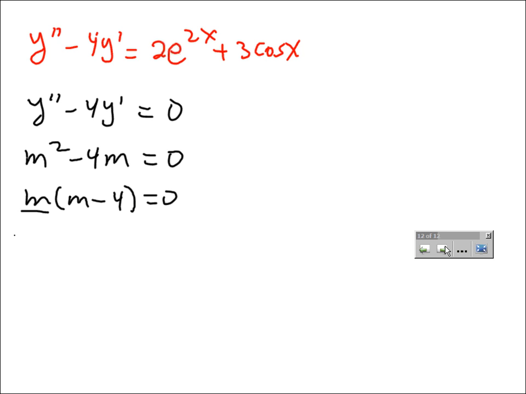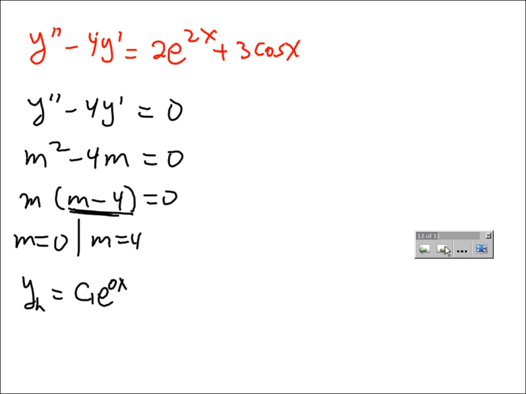So either that factor is 0 or that factor is 0. This factor is 0 when m is 4. And of course, if I want to get 0, I'll let m equal 0. So the homogeneous solution is C1 e to the 0x plus C2 e to the 4x.